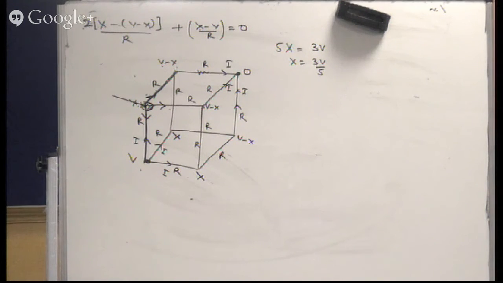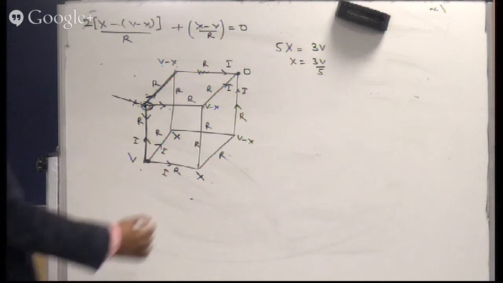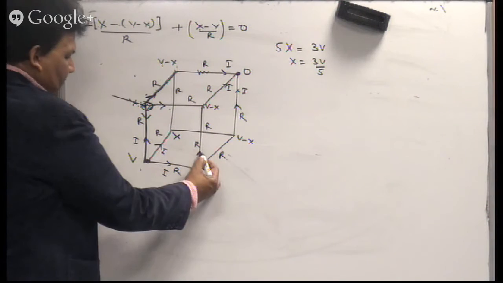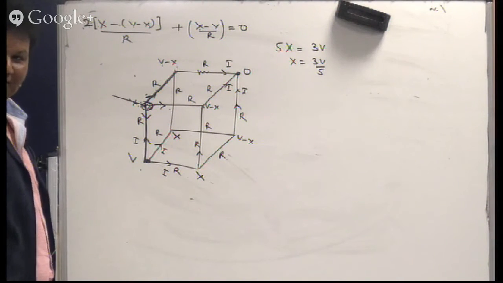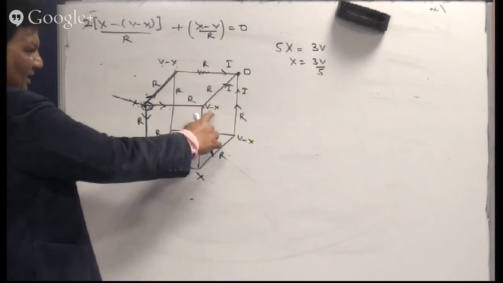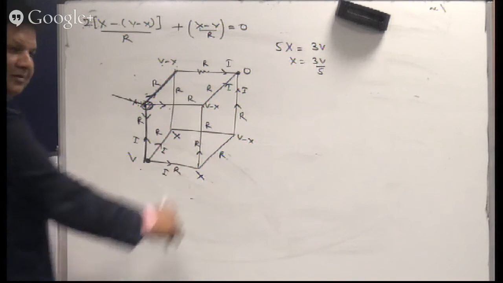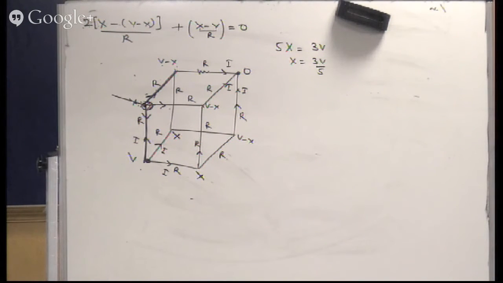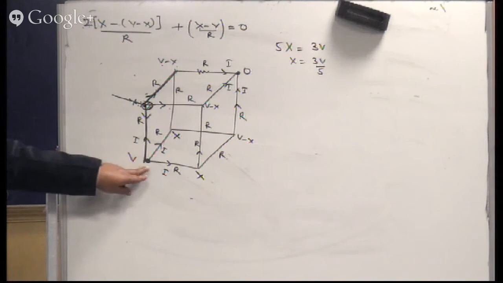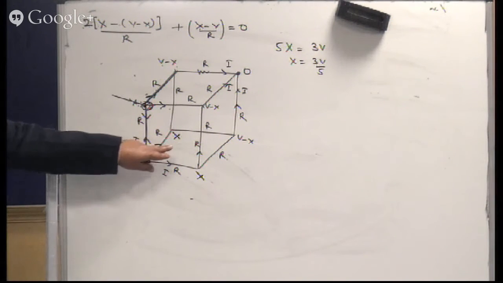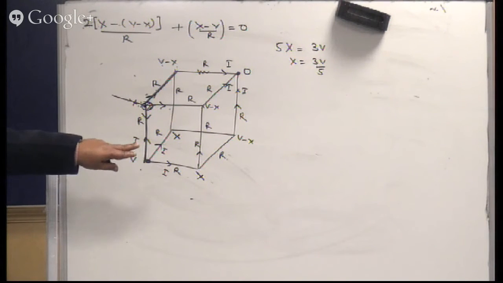Yes or no? अब बता क्या चाहिए, क्या निकालना चाहते हो? What do you want to find out? Tell me, what do you want to find out in this question? They ask you find out the value of current in this element. Say this element. क्या करोगे? x minus upon. He says, I want to find current in this element. What is this value? V. This is X. What should be the current? V minus X by R.